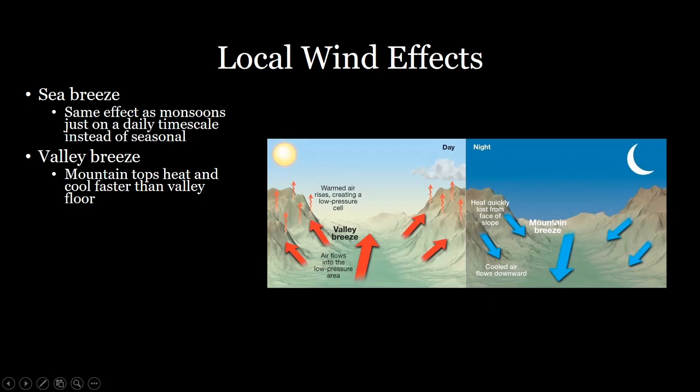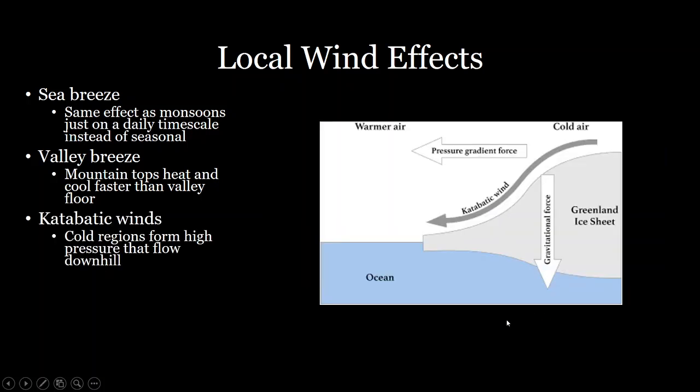But as they cool at night more quickly, they form a high pressure, and so you have cool air moving into the valley. So if you've ever backpacked in a mountainous region, you always have to be careful, if you're going to spend the night in the valley, it's probably going to be pretty cold at night.